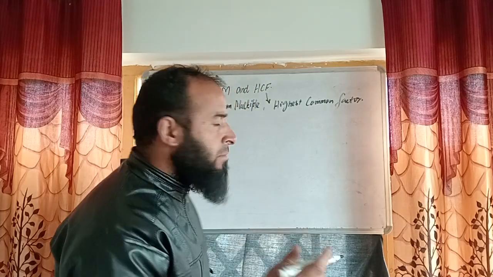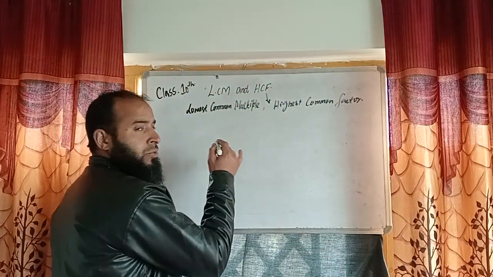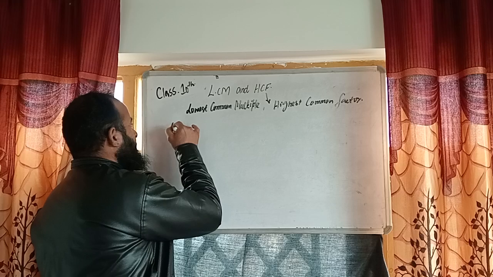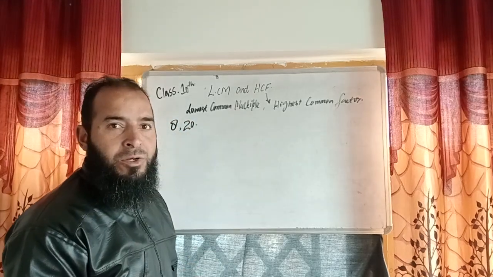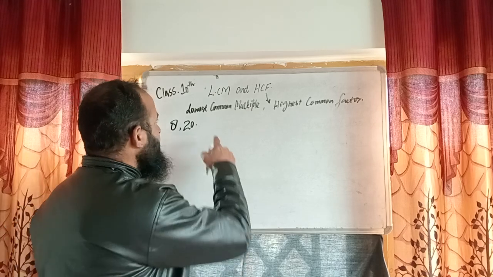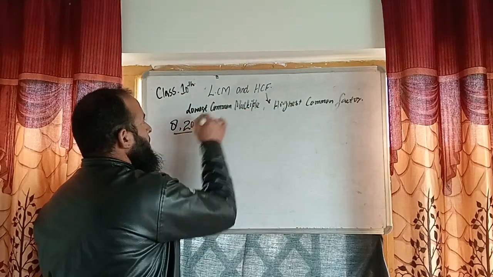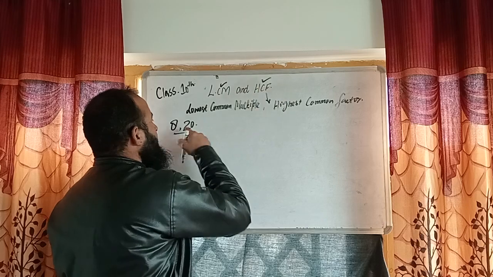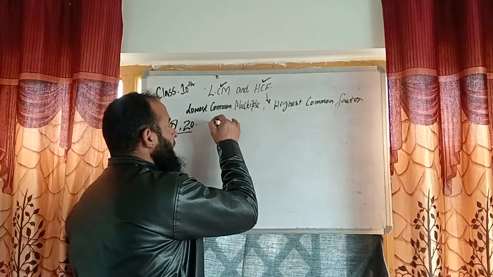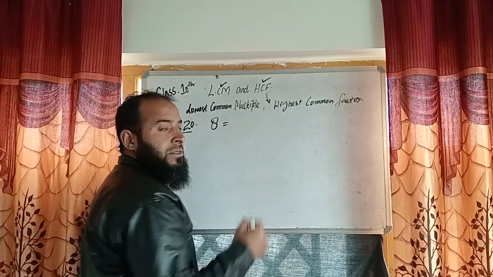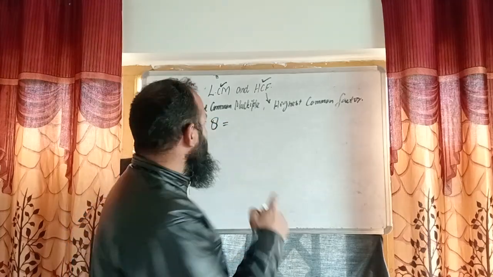Let's take a simple example. We'll take two numbers 8 and 20. Let's try to find out the LCM and HCF of 8 and 20. We all know the prime factors of 8.